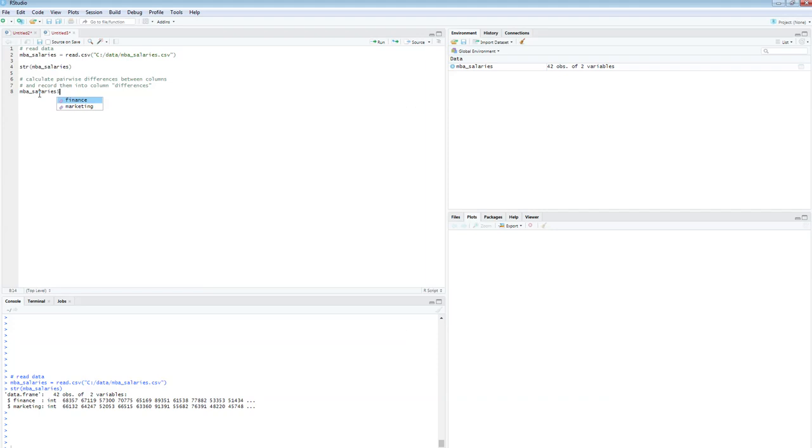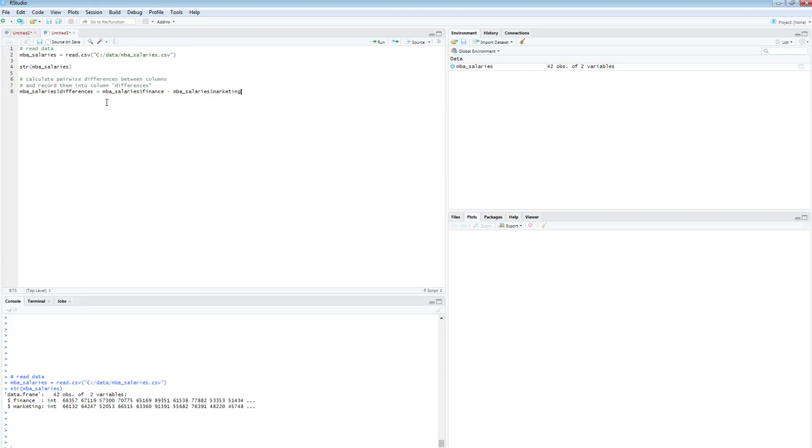I'm going to name this column, as I said, differences. Right now it doesn't exist, I'm actually creating this column, and what I'm saying is, in this column, record values equal to MBA Salaries column finance minus MBA Salaries column marketing.